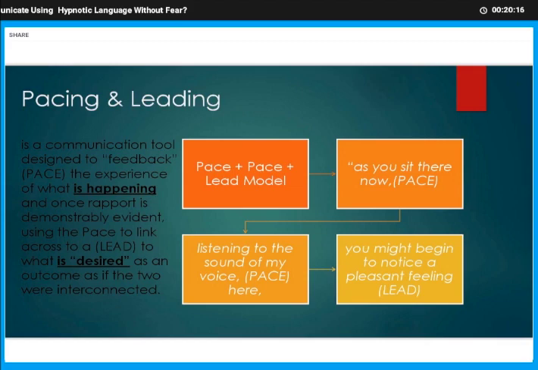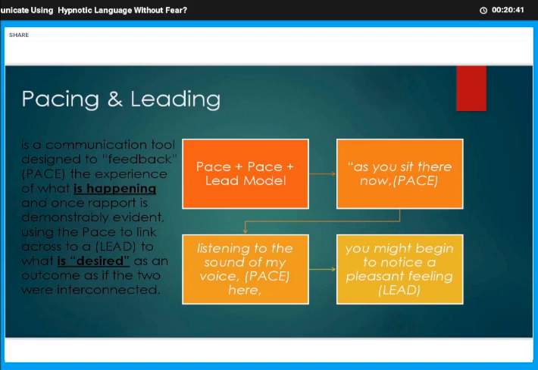If you can look over to the orange boxes here, this is the pace-lead model. This is just an example. "As you sit there now," and that's a pace. The reason that's a pace is because most people listening to this are going to be sitting there. "So as you sit there now, listening to the sound of my voice here." These are actually two paces in one.